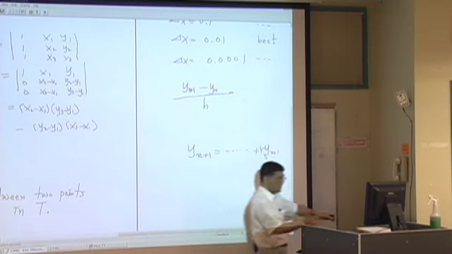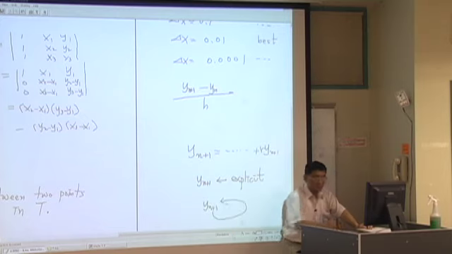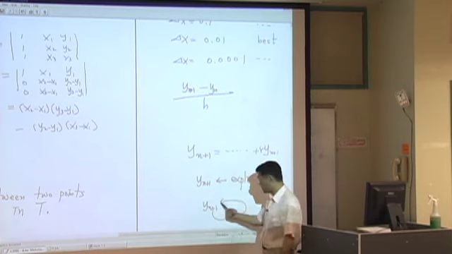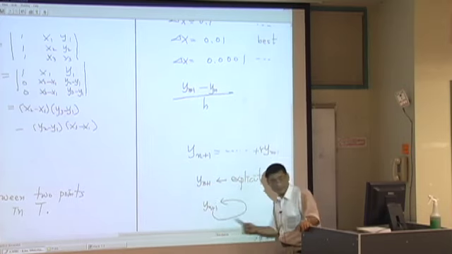So this has a drawback. Roughly, y sub n plus 1 is determined by some explicit method or explicit step. After this, you iterate. So y sub n plus 1 determines y sub n plus 1, and the new y sub n plus 1 determines y sub n plus 1, and so we iterate.